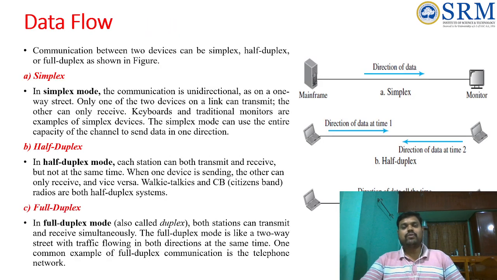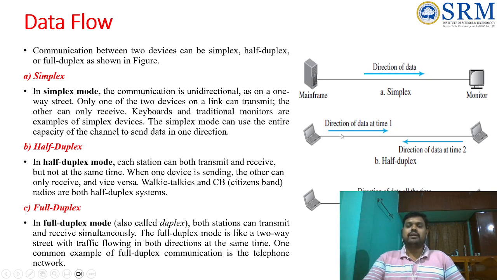Okay. So based on the data movement, the data flow is categorized as simplex mode, half duplex mode, or full duplex mode. You can see here, if your data is moving in only one direction, then it is categorized as simplex mode of transmission, where data will move only in one direction.